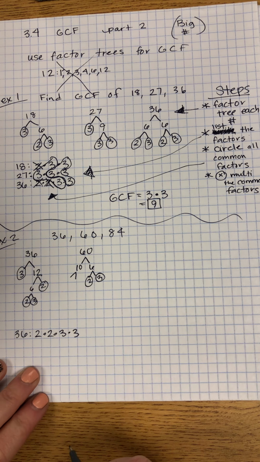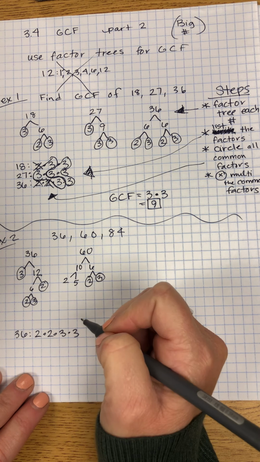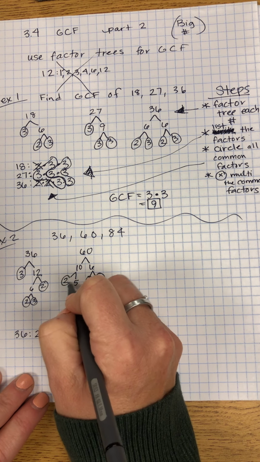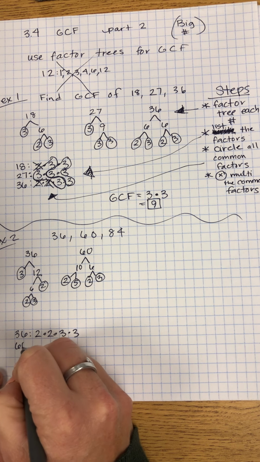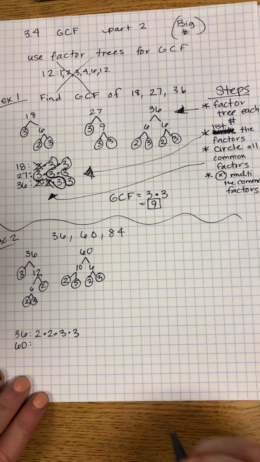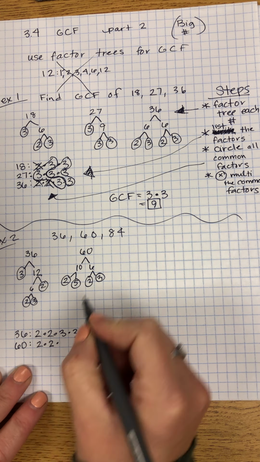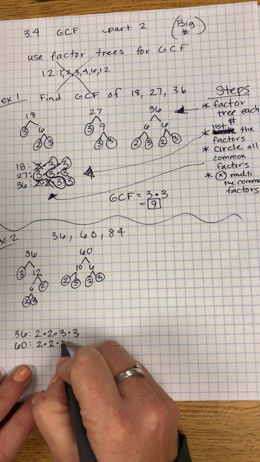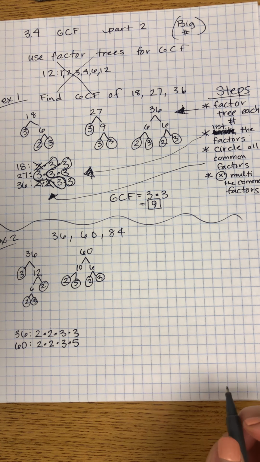How about 10? What goes into 10? 5, and 2. Good. And which one of those are prime? 2 and 5. Yeah, they both are. So for 60, I'm going to list that underneath. I have 2 2s, and I have 1 3, and I have 1 5. Again, no powers, right? We're not using any powers.